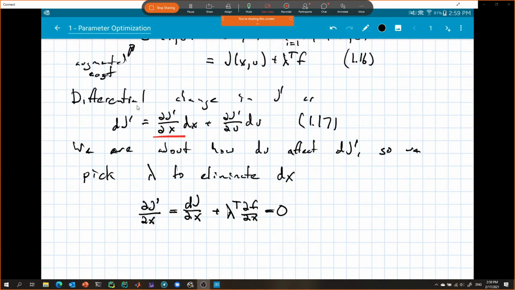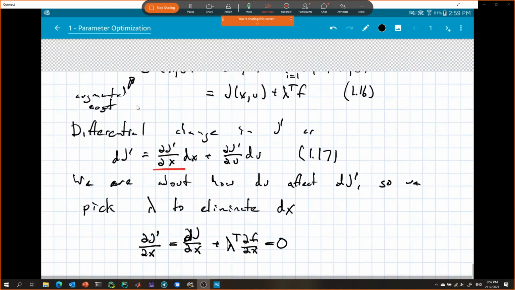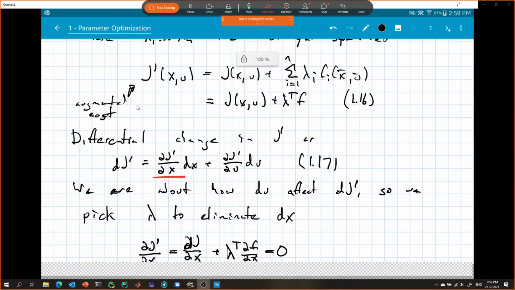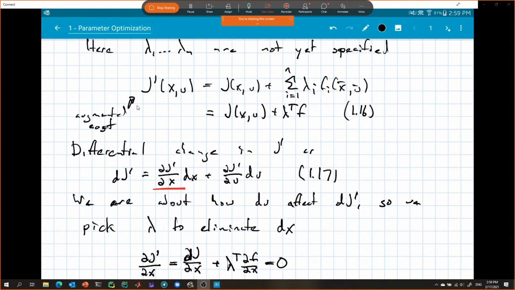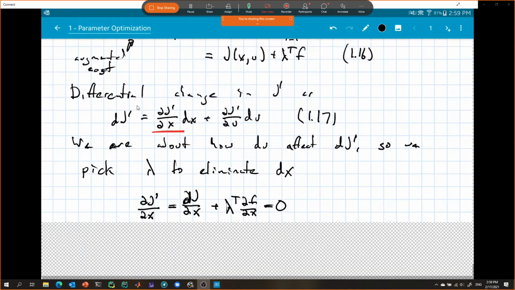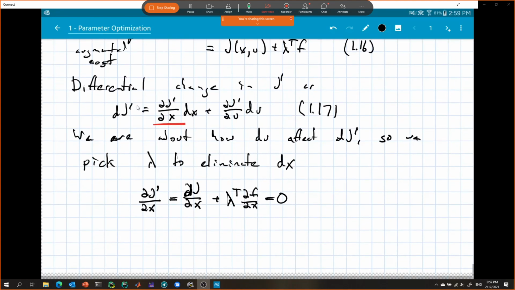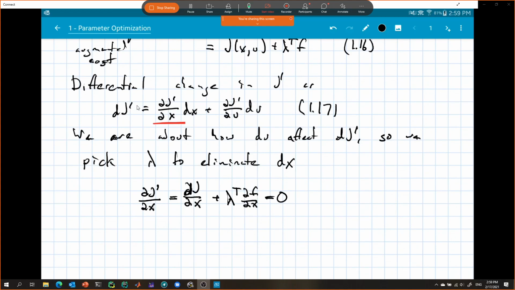So we take the partial of J prime with respect to x. Then we get the partial of J with respect to x plus lambda transpose times the partial of f with respect to x. We just apply the partial through, and we want this to be equal to 0. And since lambda is not specified, we could specify lambda to make this equation 0.